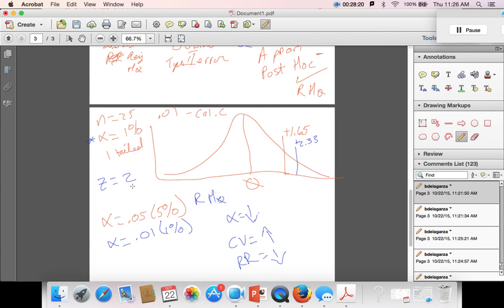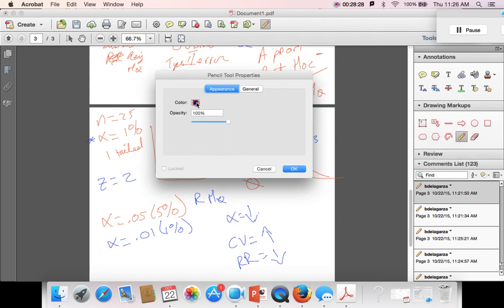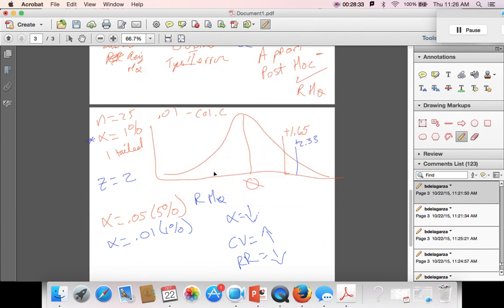Why? Because at 5%, your z-score of 2, and I'm going to put this in green for us to see where our z-score would land, would land somewhere just about here. So at 5% with a critical value of 1.65, I rejected the null hypothesis.